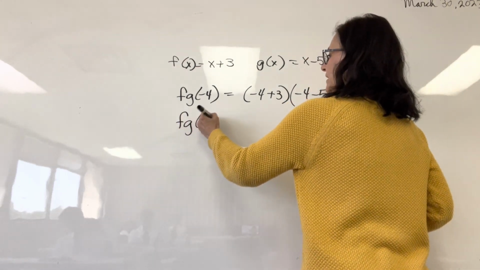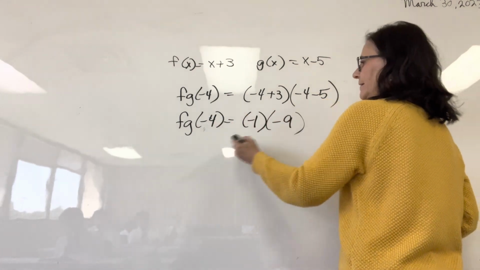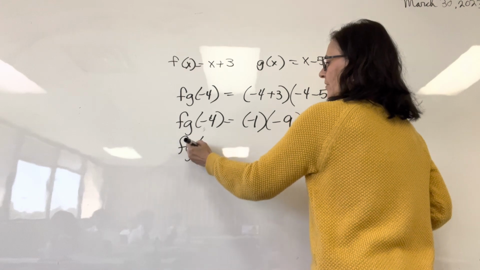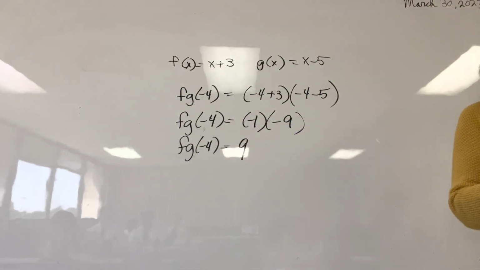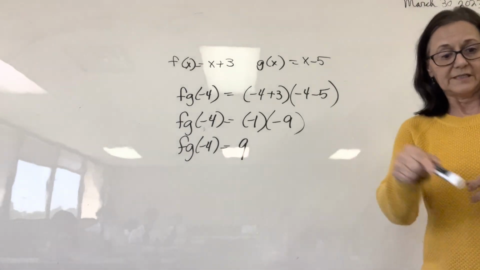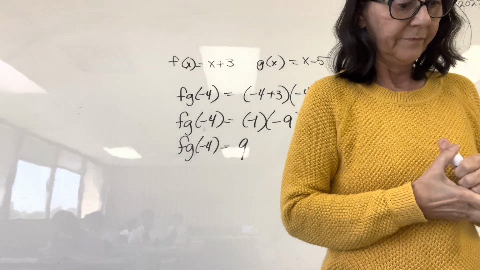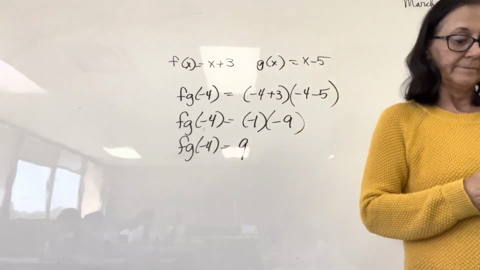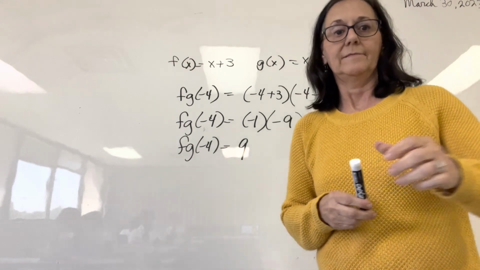So fg of negative 4, that's negative 1 times negative 9. So fg of negative 4 is positive 9. So it won't match what's in the textbook. What does the textbook say? Undefined, I'm sure. Not in the domain. Empty set.